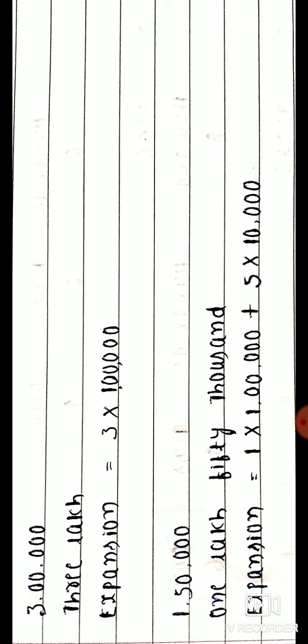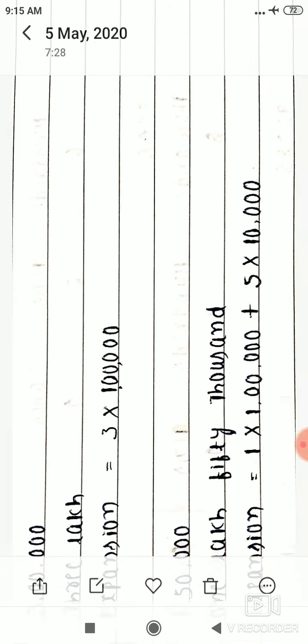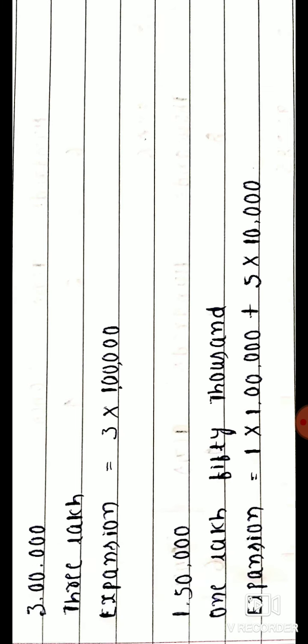Therefore if you add 1 lakh plus 5 into 10,000, that is 50,000, 1 lakh plus 50,000 is equal to 1 lakh 50,000. In this way you have to expand by using the place value of the given numbers in the place value chart.